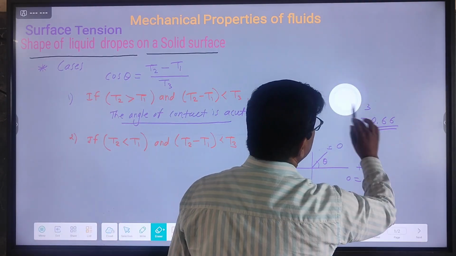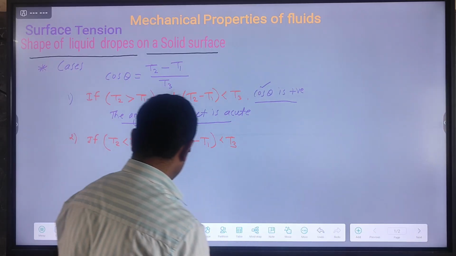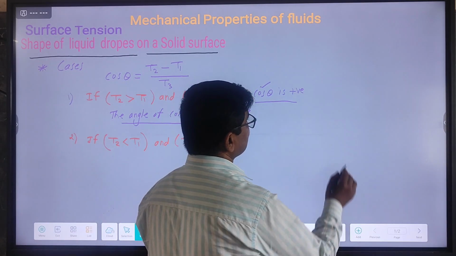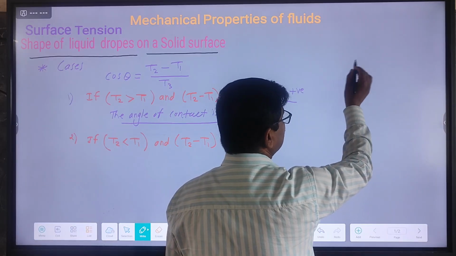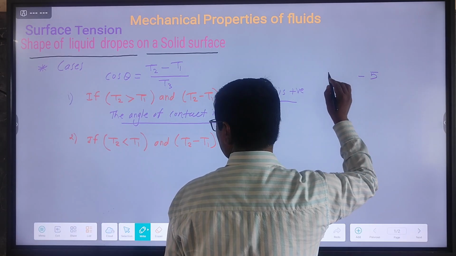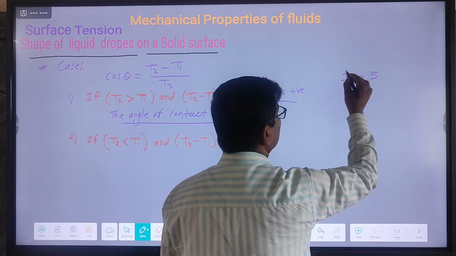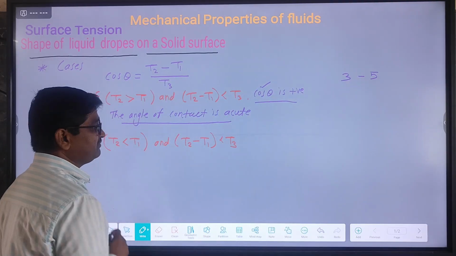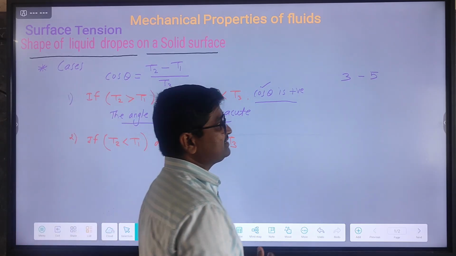Let's see here. The case will be exactly opposite. Now T2 is less than T1, so it means T1 is 5. Okay, T1 is 5 and T2 will be 3. Opposite. Okay, T2 is smaller than T1 and T2 minus T1 is less than T3.